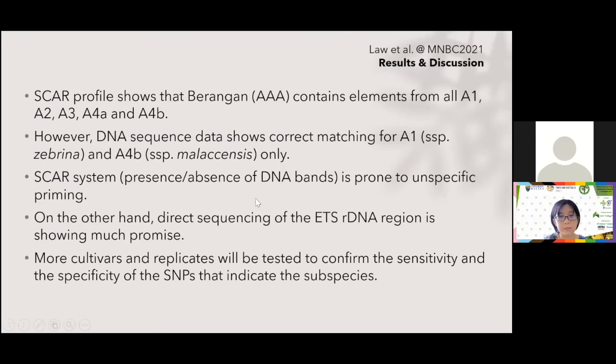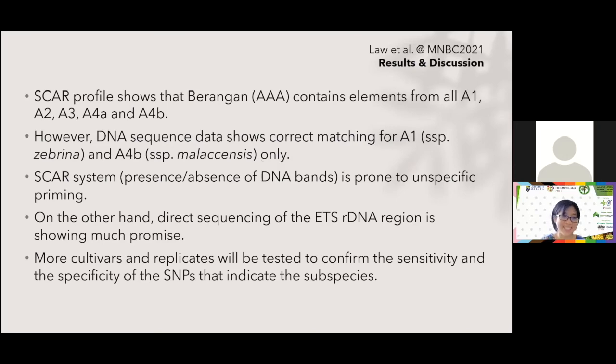This marker system based on DNA bands is prone to unspecific priming, so the results are less reliable. The DNA sequence data should be more reliable, and it shows correct matching. For Berangan just now, we find that it is matching A1 zebrina and A4B malaccensis.